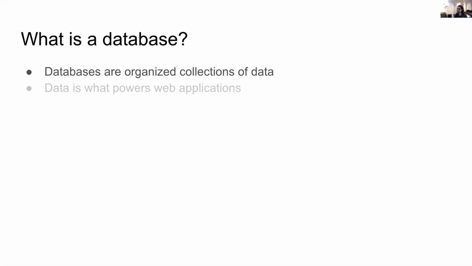If we couldn't send some data to say, hey, this is my name and this is my password and these are the things that I'm interested in and these are the subreddits I'm subscribed to. If we can't store data and we can't have a permanent way to store data, web applications are kind of pointless. So specifically, we're talking about persistent data.